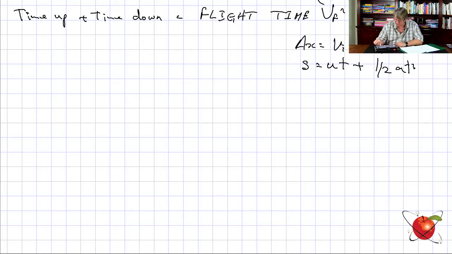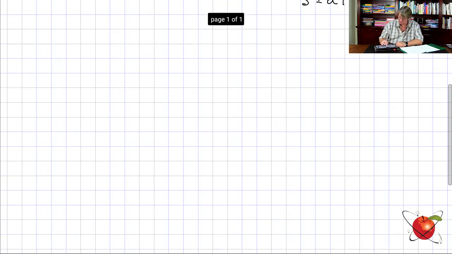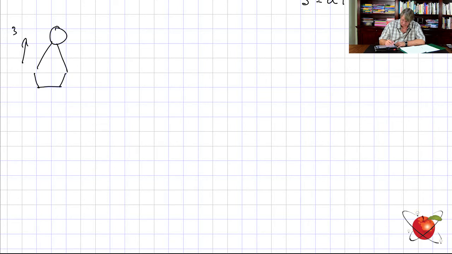Let's just start with this, shall we? Just move this up a wee bit. So what have they told us? They have told us that I am on a balloon. I am obviously in a basket, and there's my balloon. And I am going up at 3 meters per second, relative to the ground.